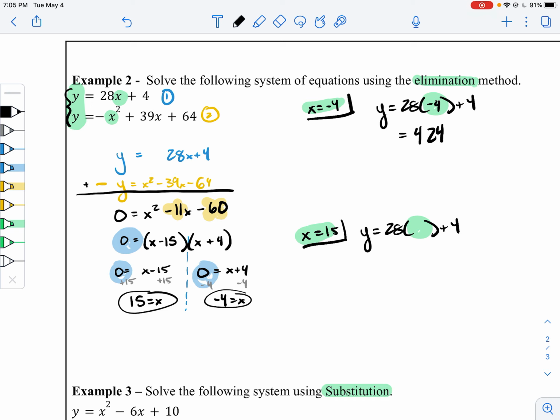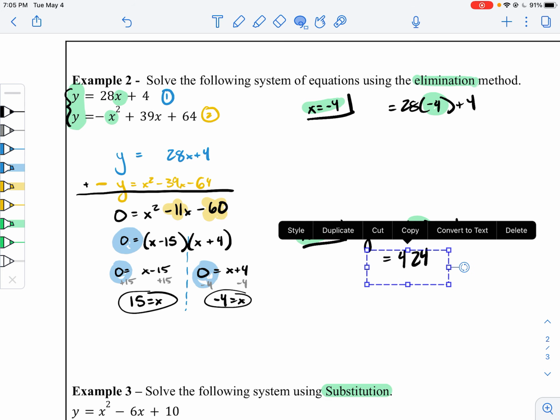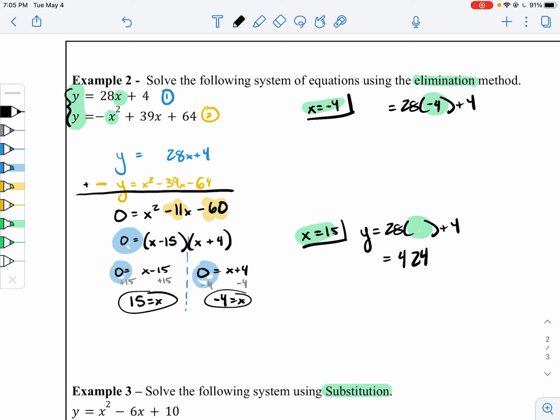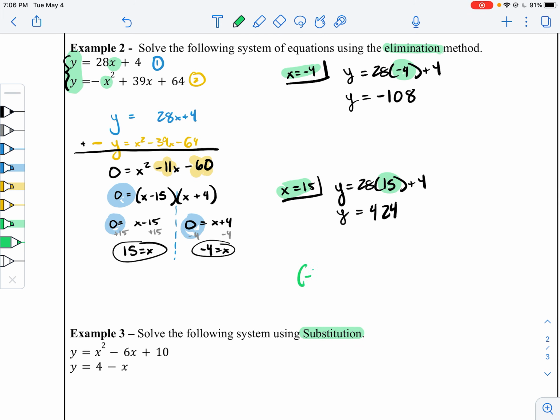Nope, that's the other one. I lied. When I plugged in 15, I got that y equals 424. When I plugged in negative 4, I got that y equals negative 108. So my points are negative 4, negative 108, and 15, 424.